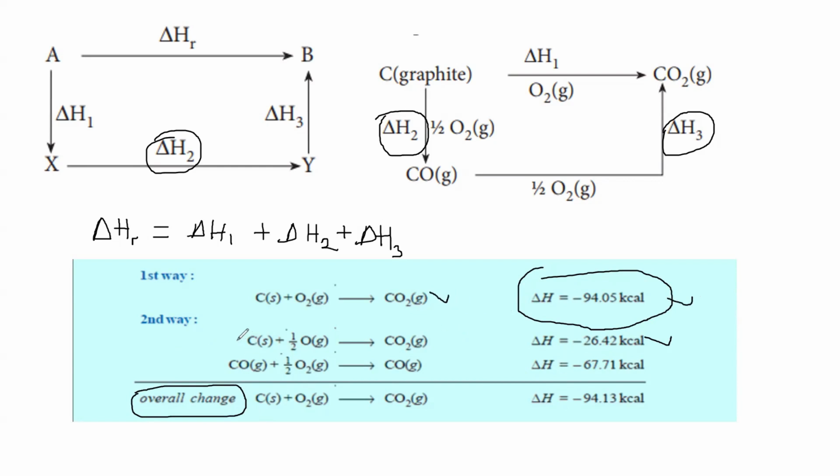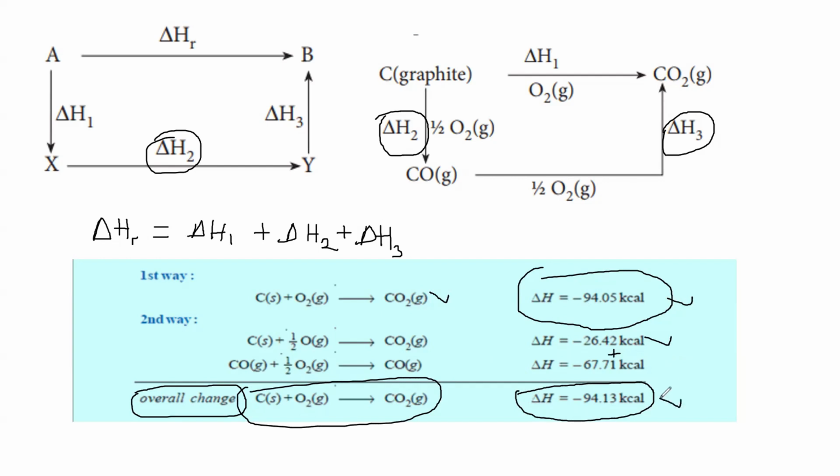So if you add this and this, we are going to get this. Of course, the enthalpy change will also be minus 26.42 plus minus 67.71 kilocalories, and finally we have minus 94.13, which is exactly similar to this.